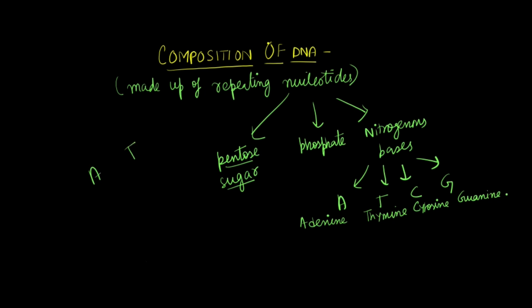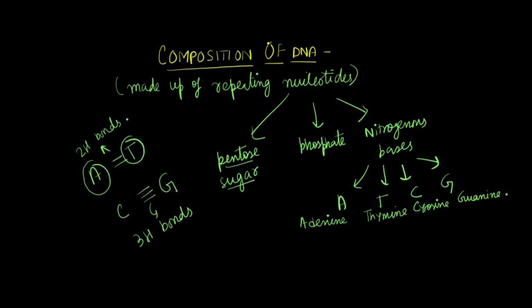A and T make two hydrogen bonds between them, while C and G make three hydrogen bonds between them. A will always make a bond with T and C always makes a bond with G. So these are very specific. Therefore, A will never make any bond with C, while T will make no bond with G.